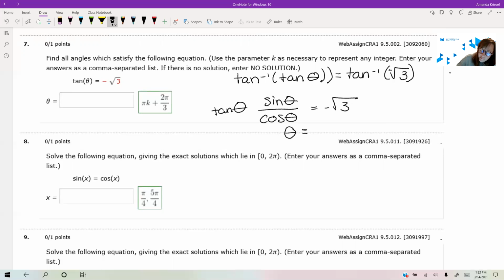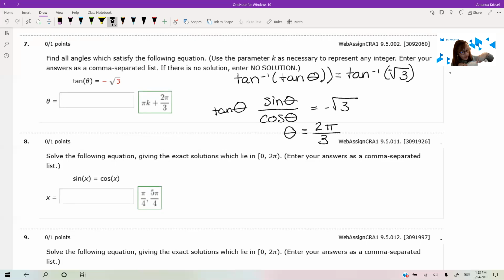And what I come up with is theta equaling, well, one of the first ones is 2 pi over 3. If theta equals 2 pi over 3, that's certainly going to get me the desired output on the unit circle.